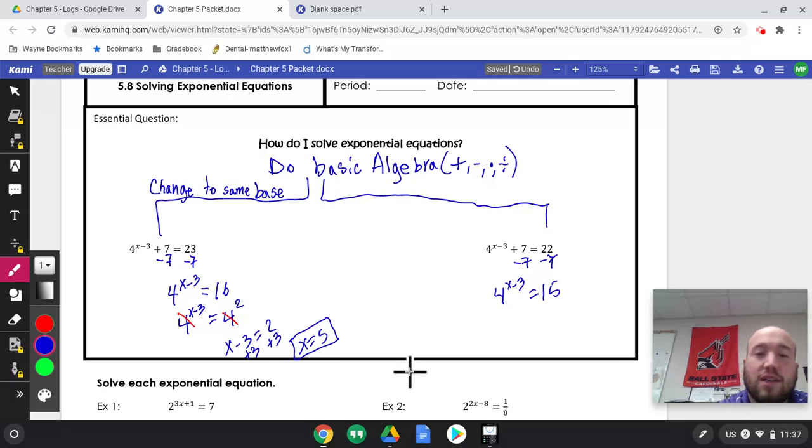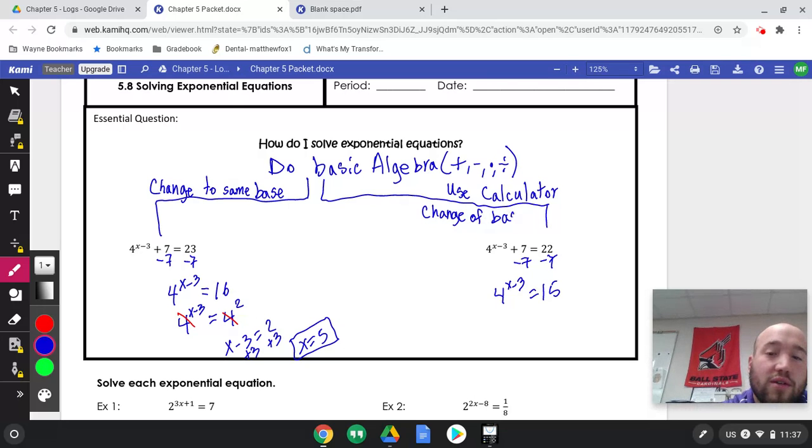If that is the case, you'll need to use your calculator, and we're going to use something we've already learned called our change of base formula. The only difference is before, when we learned it, it was written in a different form.